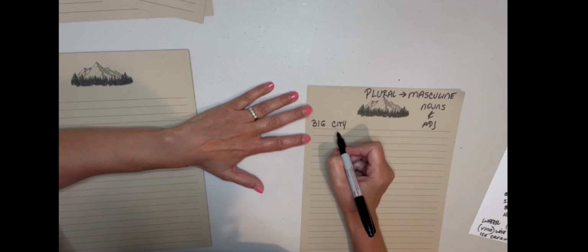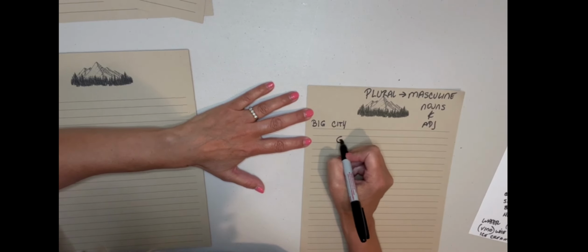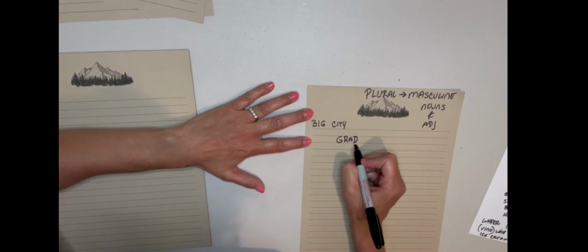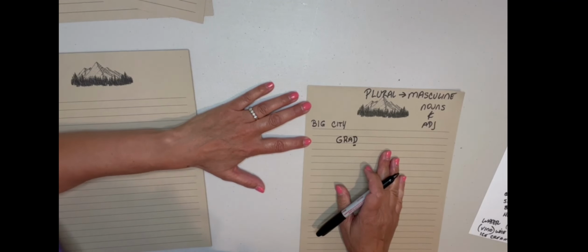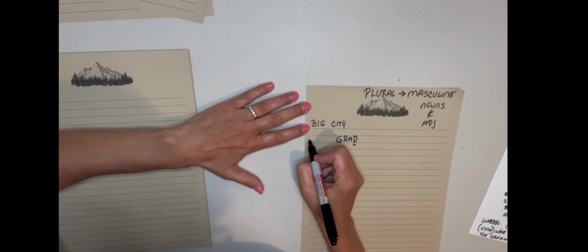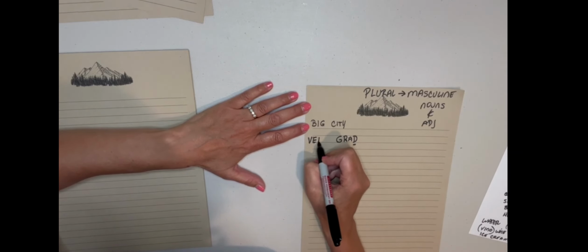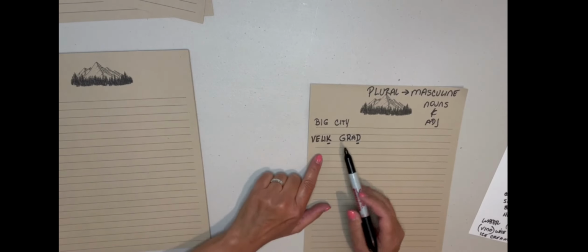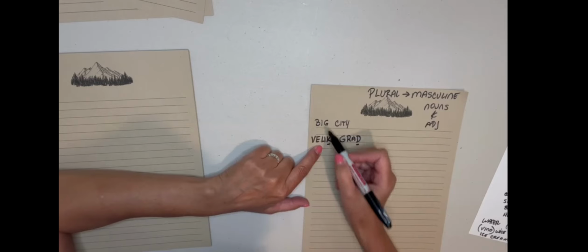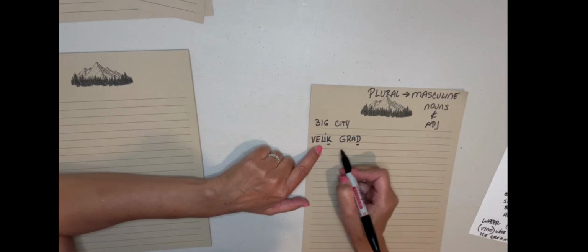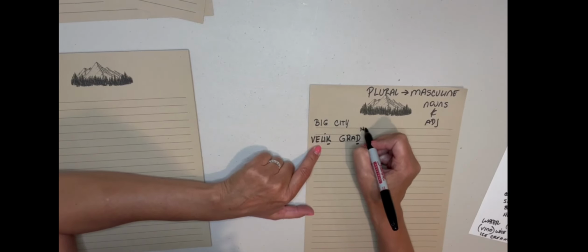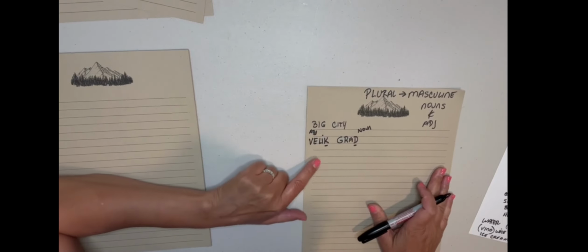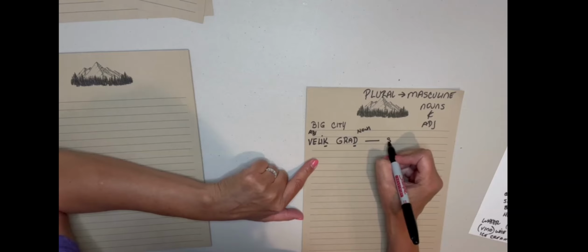So city, we know, is grad. It ends in a D, so I know that this is masculine. Velik is masculine. So the adjective velik is matching the noun. So remember, this is my noun, this is my adjective, okay? And this is singular.